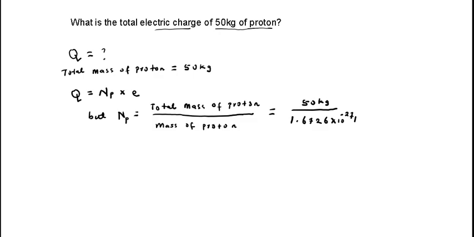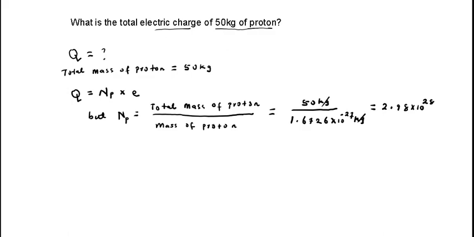It is a constant. When you divide that, you are going to have 2.98 times 10 raised to power 28, because here, your kilogram has cancelled this kilogram.